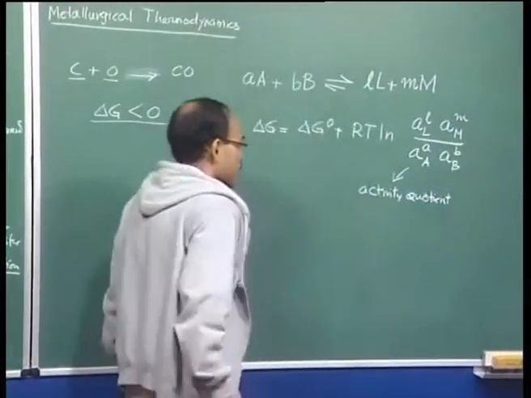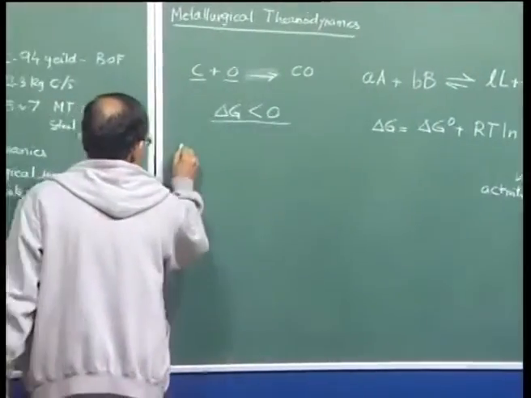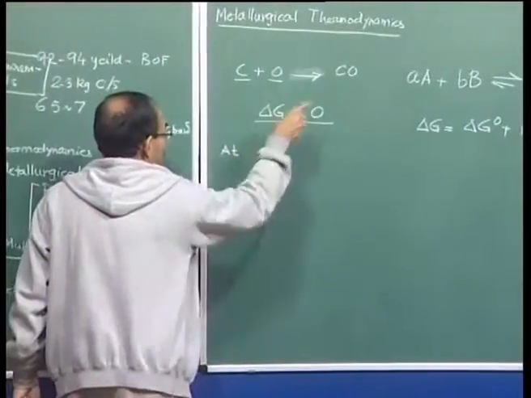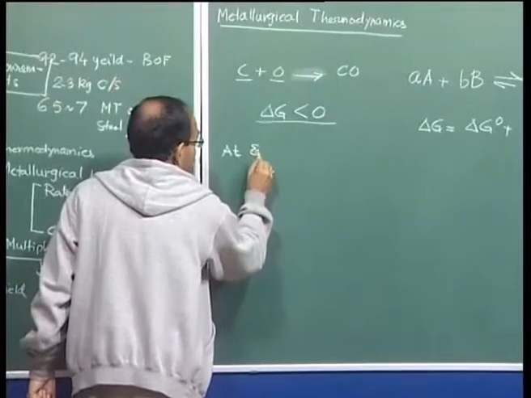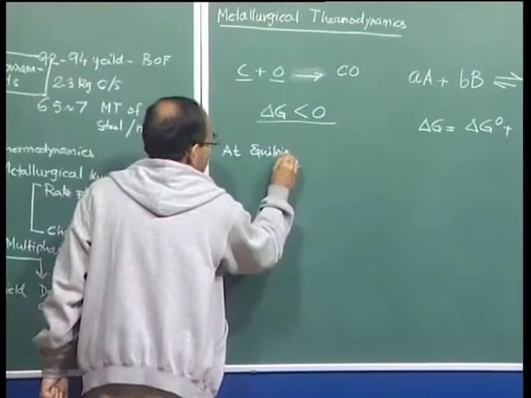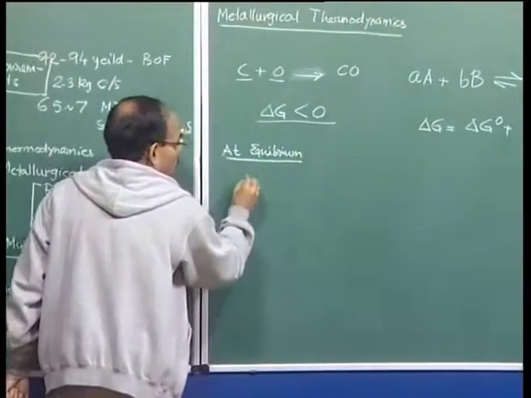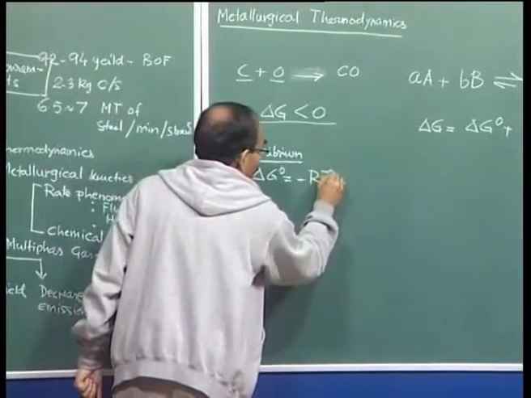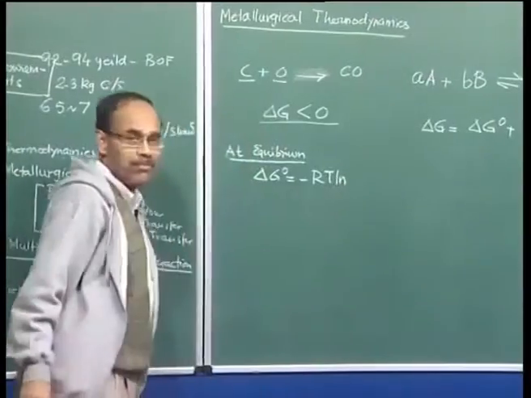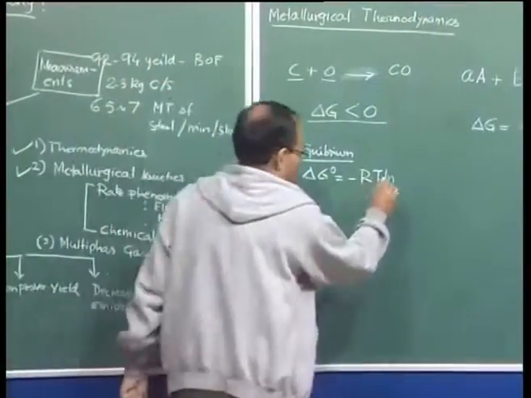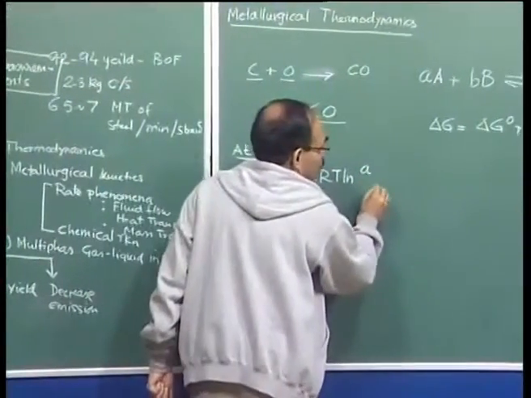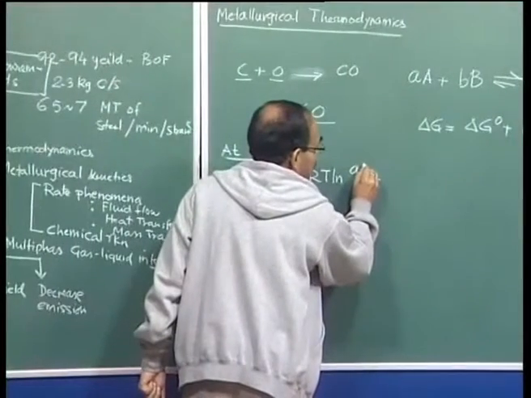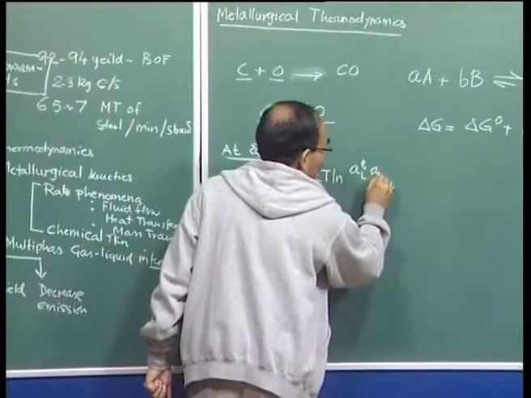When the chemical reaction is at equilibrium, then we say that delta G naught is equal to minus RT times the logarithm of this equilibrium activity quotient. We have applied this frequently to solve a variety of problems in thermodynamics, particularly for steel making systems, for solutions, and so on.